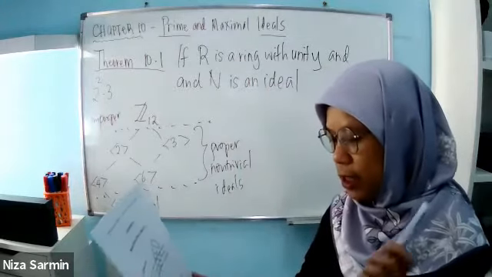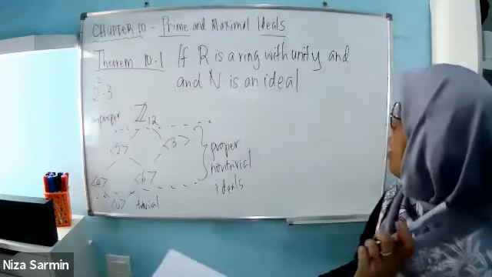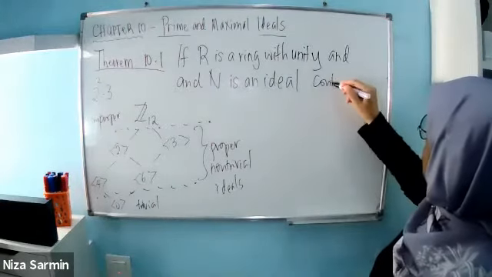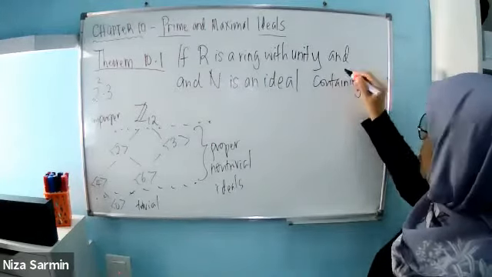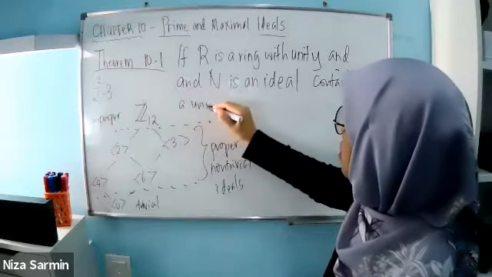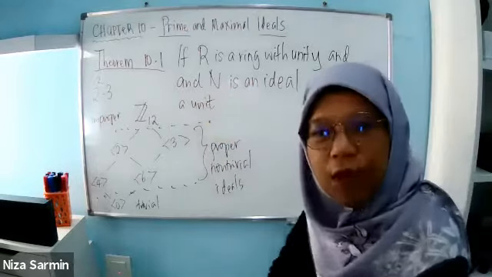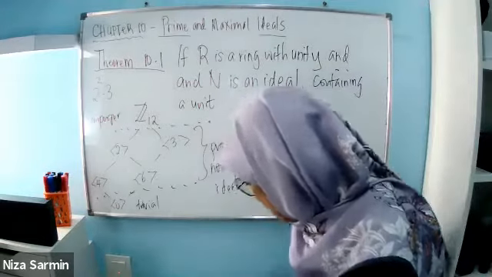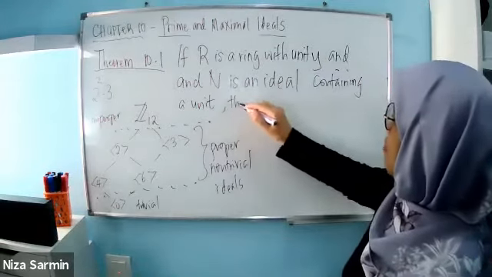Okay, if R is a ring with unity and N is an ideal containing a unit. Okay, Vian, are you here? What is a unit?